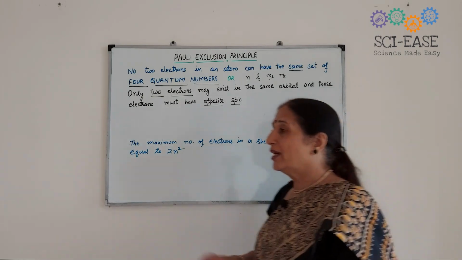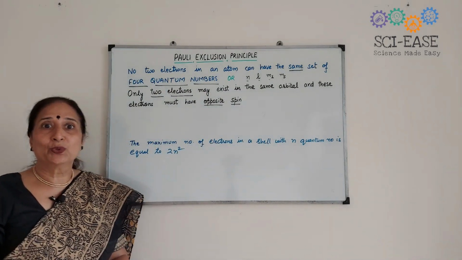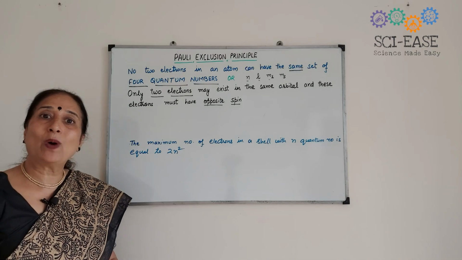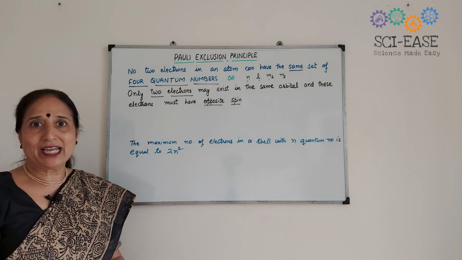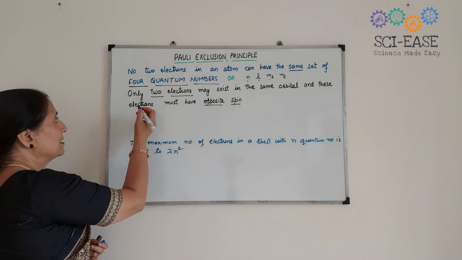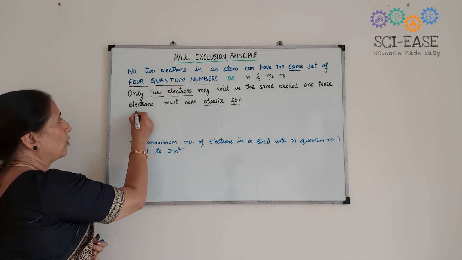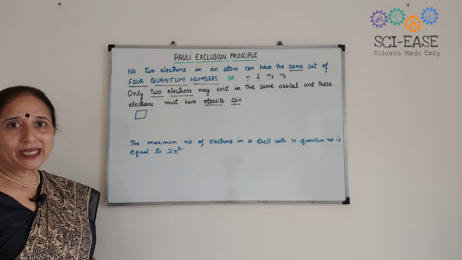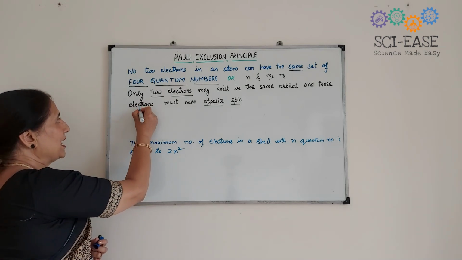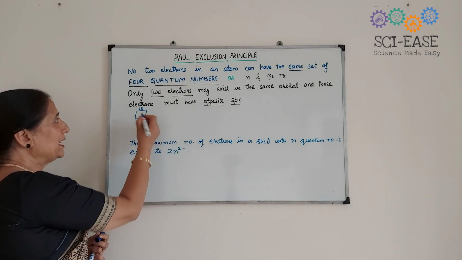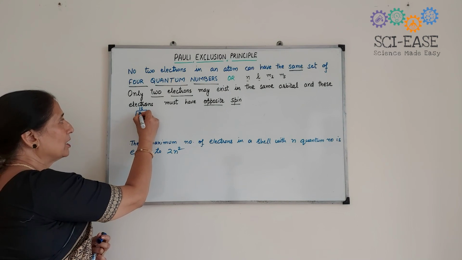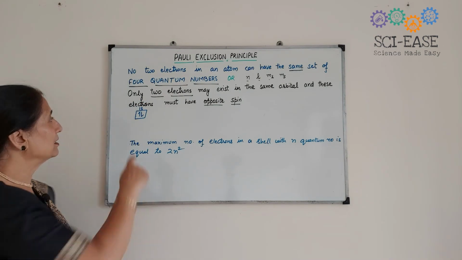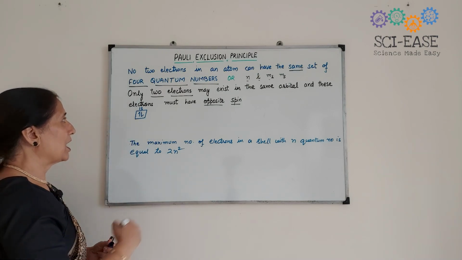You know that the subshell 1s has only one orbital. So this is 1s, and how many electrons can be accommodated? 2, one with spin up and another with spin down.